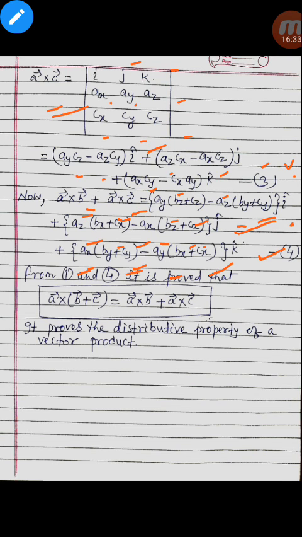From equation 1 and equation 4, it is proved that a cross (b plus c) equal to a cross b plus a cross c. It proves the distributive property of a vector product.